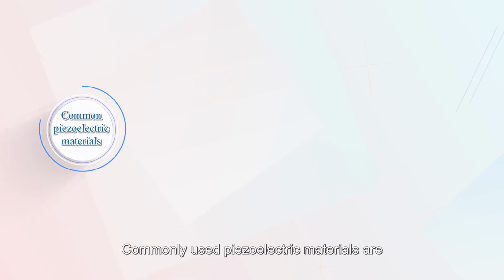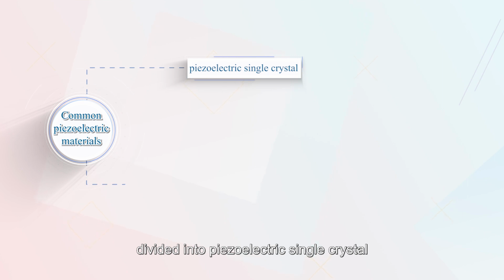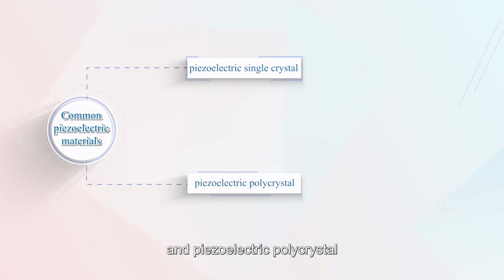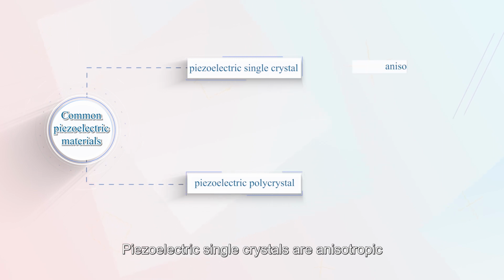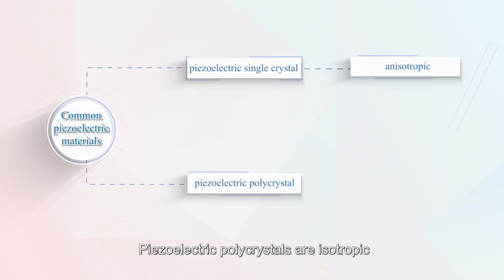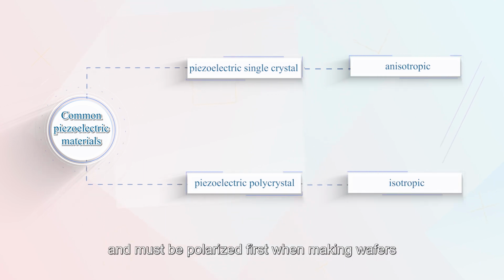Commonly used piezoelectric materials are divided into piezoelectric single crystal and piezoelectric polycrystal. Piezoelectric single crystals are anisotropic. Piezoelectric polycrystals are isotropic and must be polarized first when making wafers.